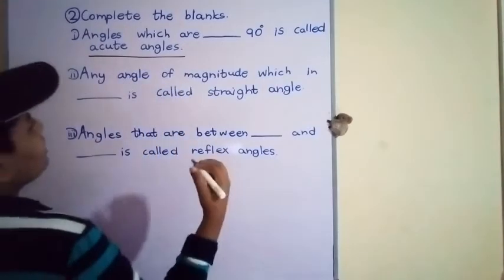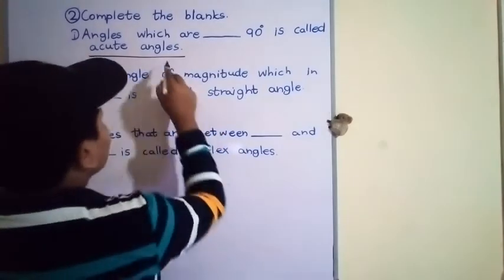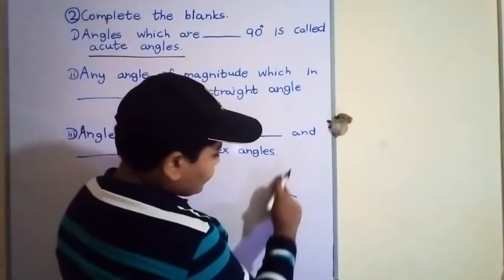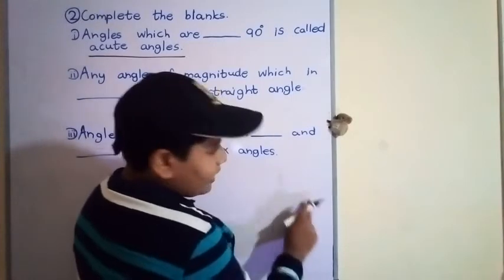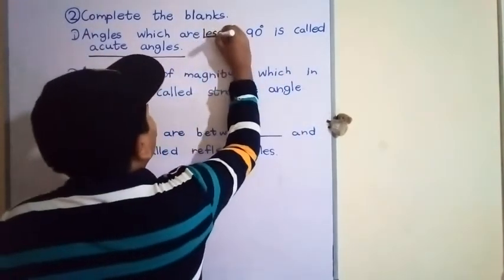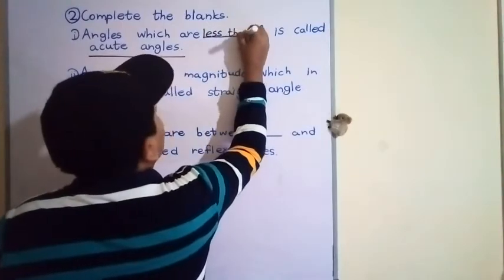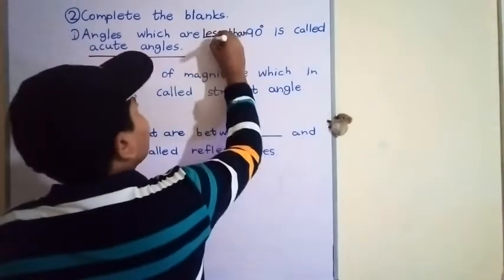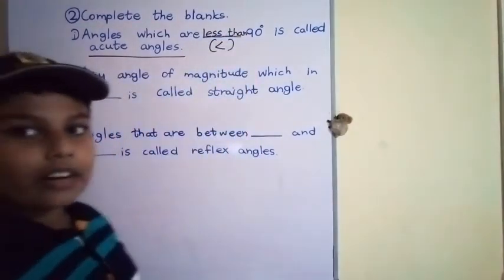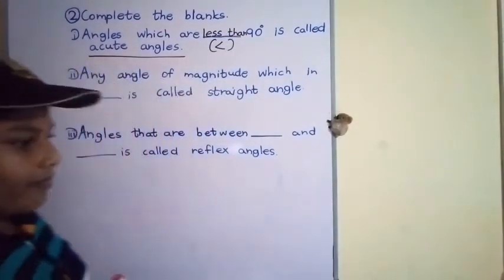Less than 90 degrees. Acute angles are the angles which are less than 90 degrees. You can write less than, or you can write the symbol also.